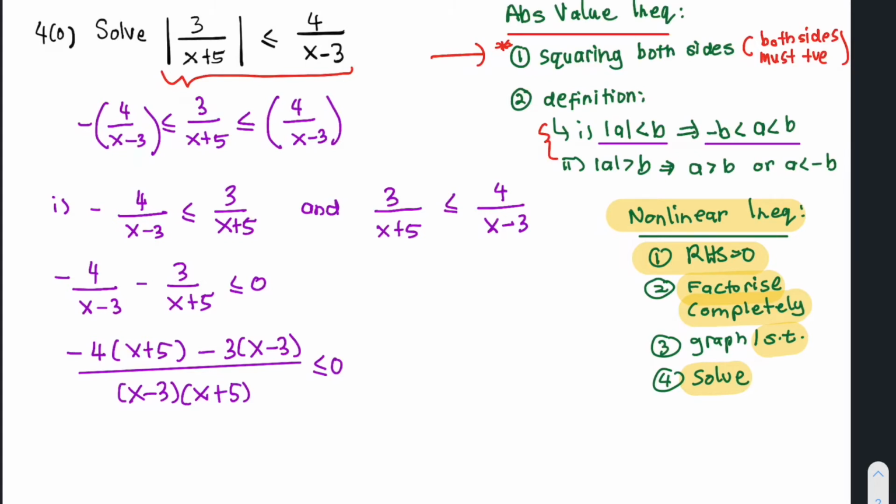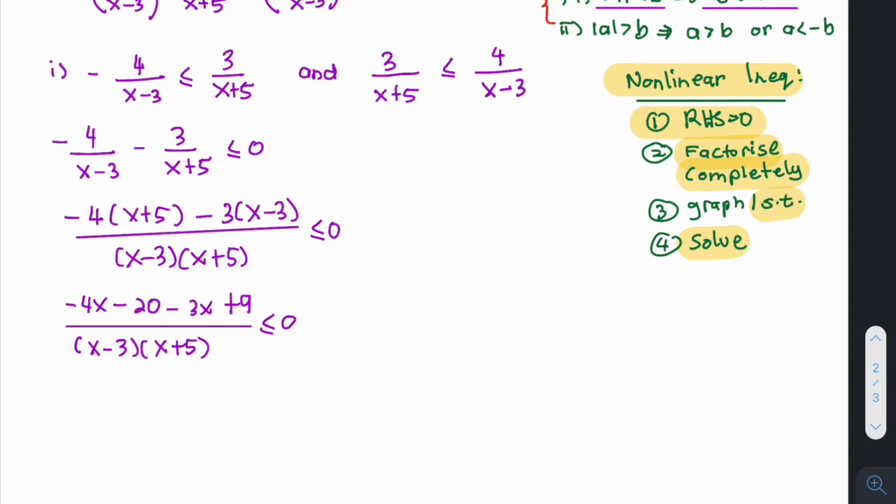Then simplify. You get negative 4x minus 20 minus 3x plus 9 over, you don't have to expand the denominator because it's already factorized, so just write it back. Simplifying, negative 4x minus 3x gives negative 7x, and negative 20 plus 9 gives negative 11, over x minus 3 and x plus 5, less than or equal to 0.